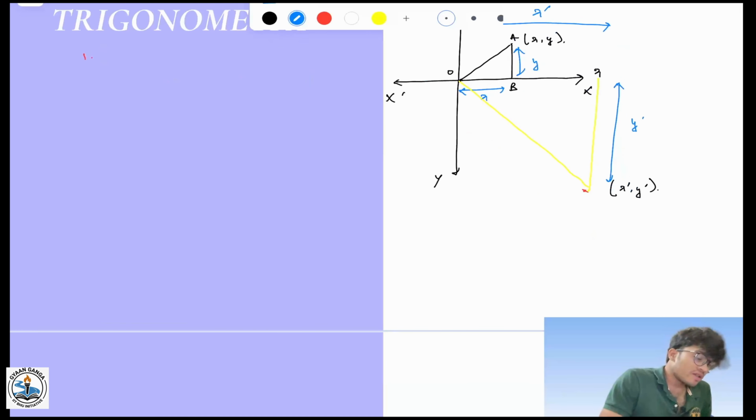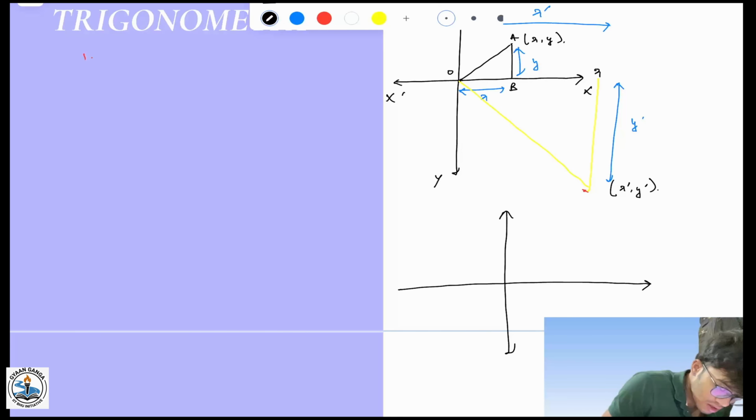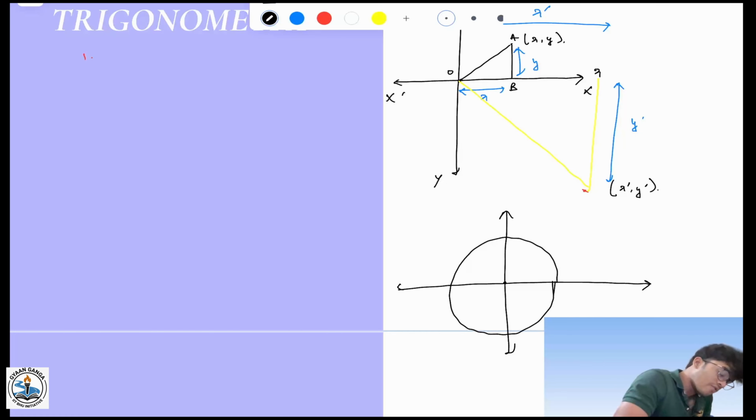So in our coordinate axis, I'll superimpose the unit circle. And what was unique about this unit circle? It was the fact that the radius is 1. It is of unit radius. So let's say this angle be x.